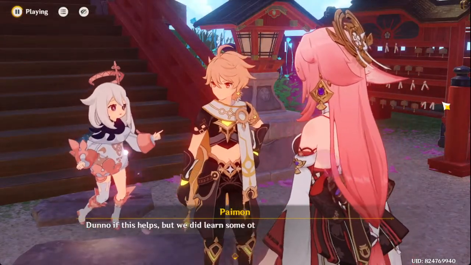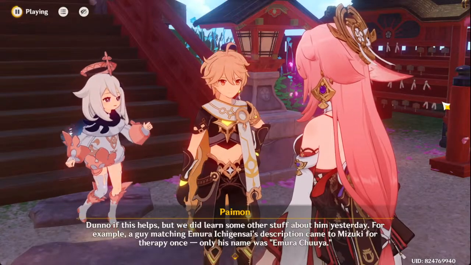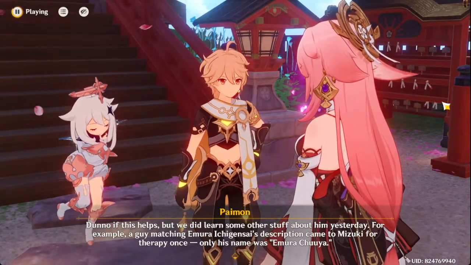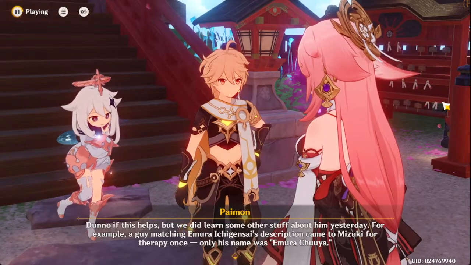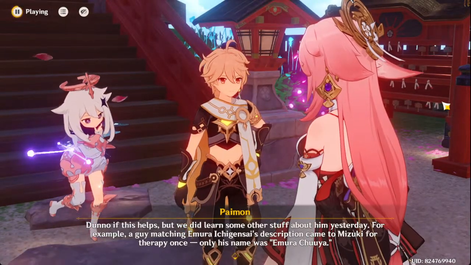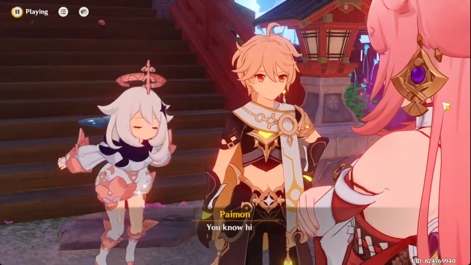Don't know if this helps, but we did learn some other stuff about him yesterday. For example, a guy matching Amura Ichigensai's description came to Mizuki for therapy once. Only his name was Amura Chuya. Wait, what? Amura Chuya? You know him?